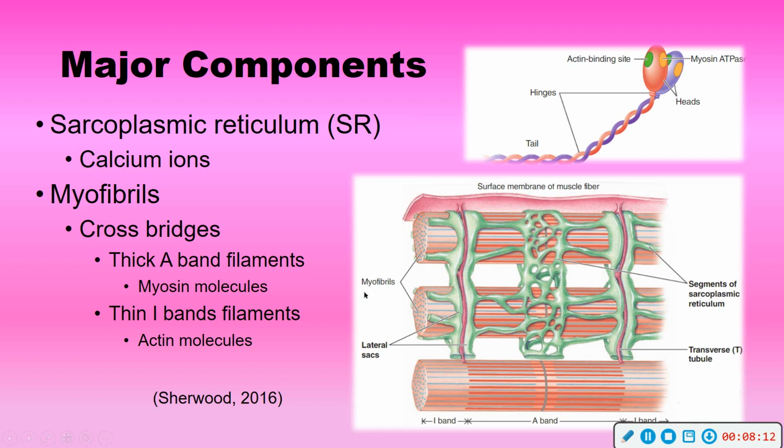Now, on these myofibrils, there are these little tails and heads, these little molecules called myosin molecules. Okay, so on the thick A-band filaments, there are myosin molecules. And on their head, there is a way to connect an actin molecule with the myosin molecule.